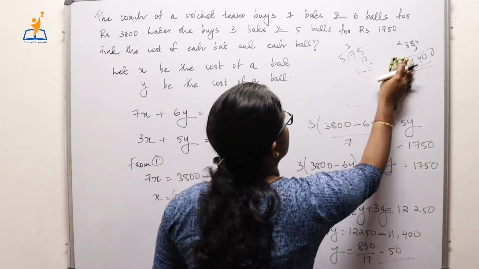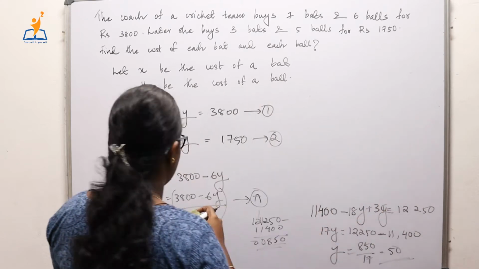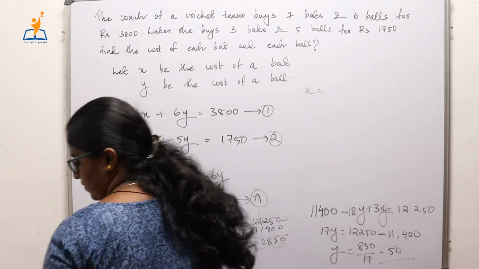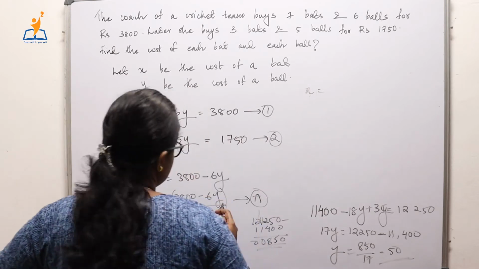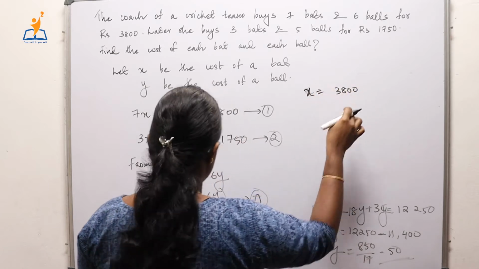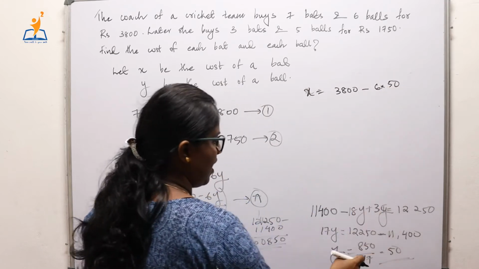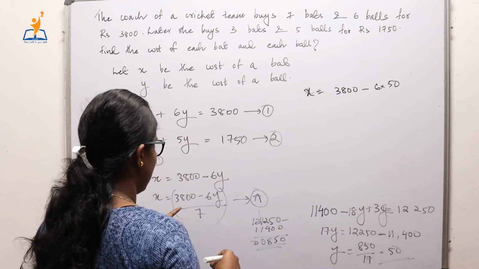That is, we are going to substitute that. For that, we have x is equal to (3,800 minus 6 into y) divided by 7, where y is equal to 50.